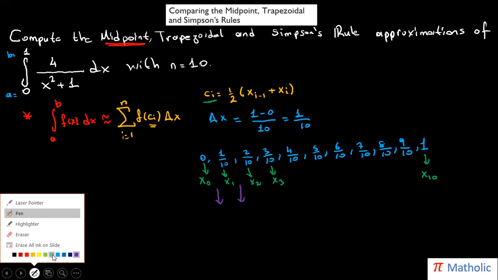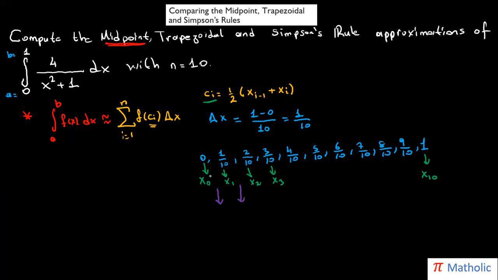So let's find c1. c1 is going to be 0 plus 1 over 10, over 2, which is 1 over 20, right? Correct? Yes. This is c1.